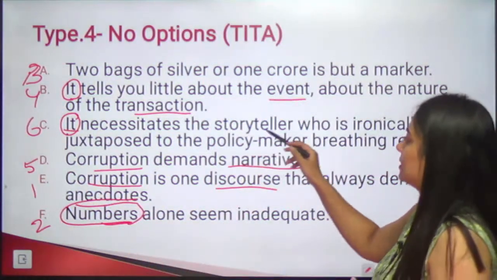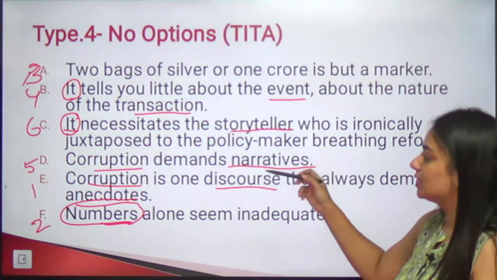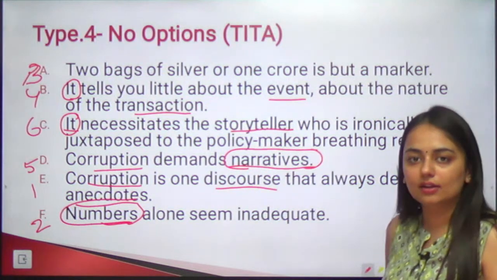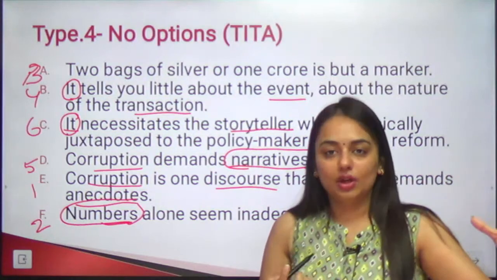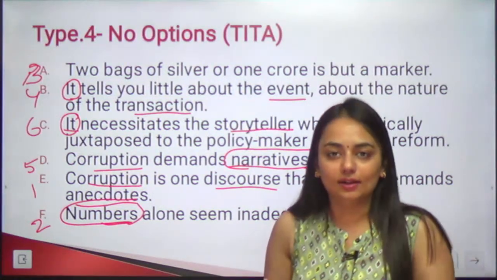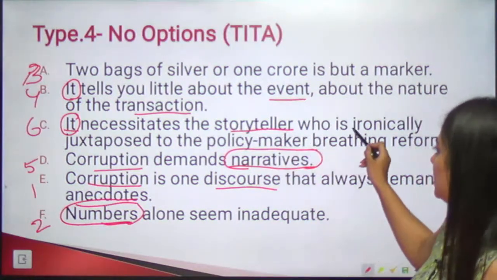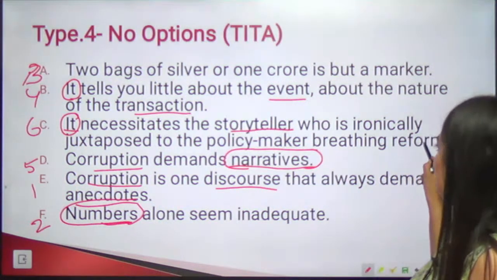It necessitates the storyteller who is ironically, why are we talking about storyteller? Because before this we have already said that corruption demands narrative. Narrative is storytelling. जिसे हम कहते हैं पूरा किस्सा सुनाना. For example, जो भी corruption case हुआ था उसके पीछे पूरा किस्सा क्या था. So that narrative is important. It necessitates the storyteller who is ironically juxtaposed to the policy maker breathing reform.